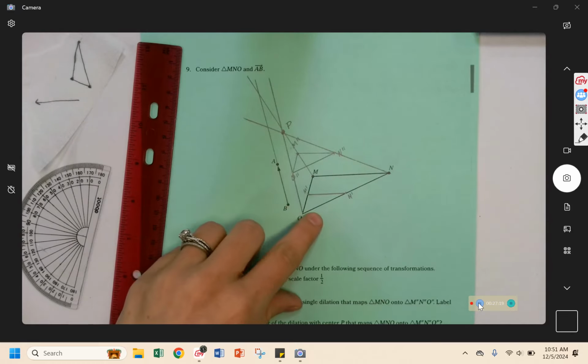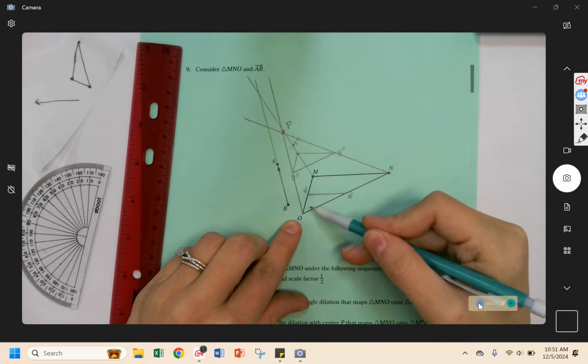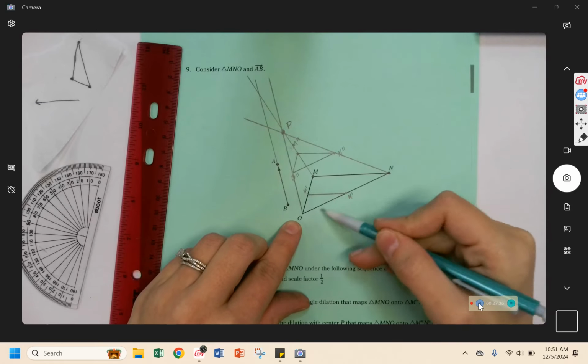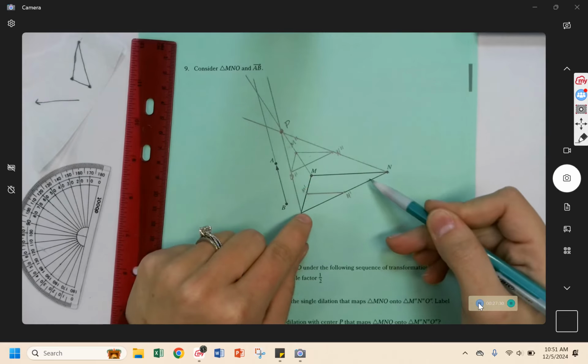And it says, what is the scale factor of this dilation from P that maps M and O into M double prime, N double prime, O double prime? This original was reduced or shrunk by half, and then it was moved. So this one should still be half the size of this one.